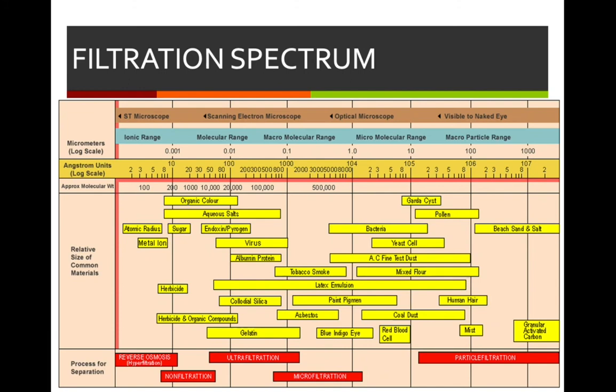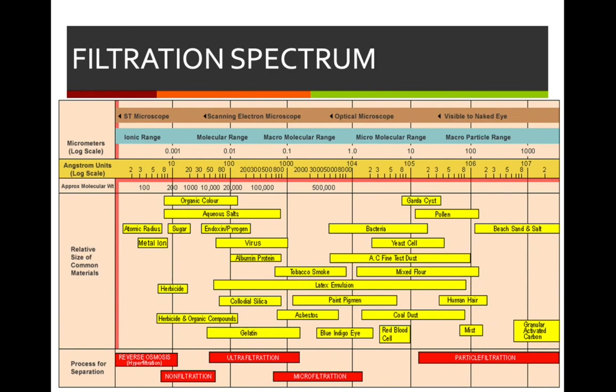So you can study further on this membrane filtration spectrum, because you can clearly identify which type of membrane to select for metal ions and viruses. In fact, under one membrane type you can see there is a range. Microfiltration falls under 0.1 to 1 micron.